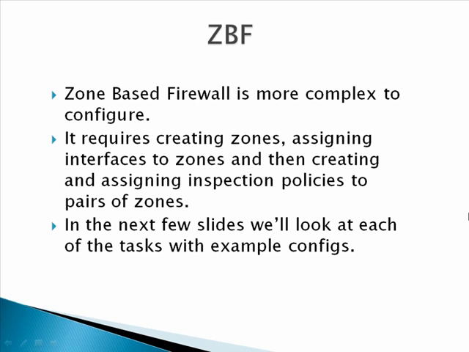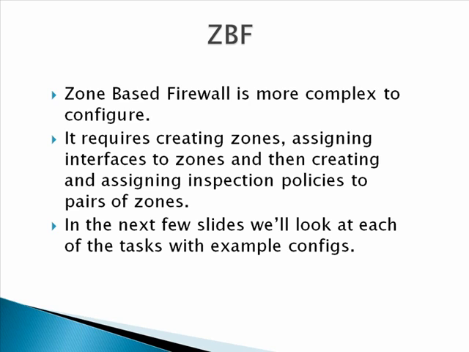Okay, zone-based firewall, yes, I did mention it's more complex. You'll see an example here in just a second. In that we're going to take several slides to show how it works instead of just 3 or 4 lines. I mentioned it earlier, but again, you create zones and then apply policies in one direction to those zones. So typically, you're going to see an inside zone and an outside zone, but it could get more complex than that.